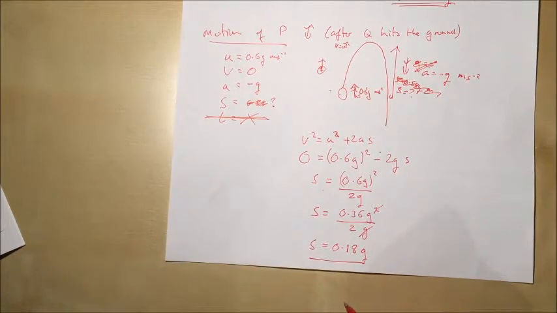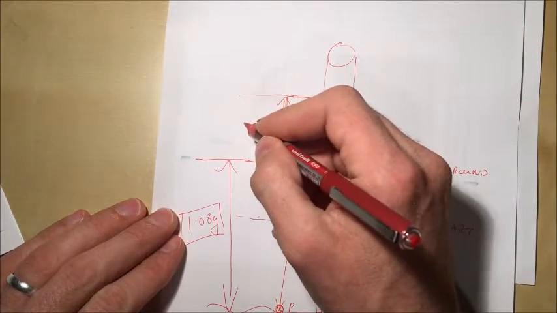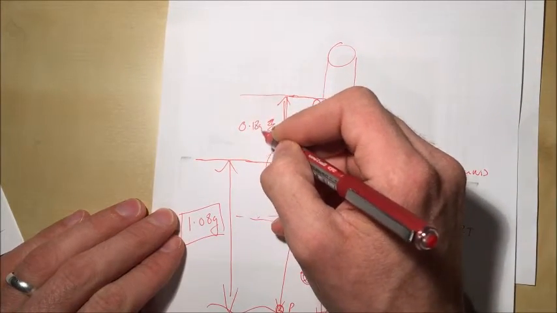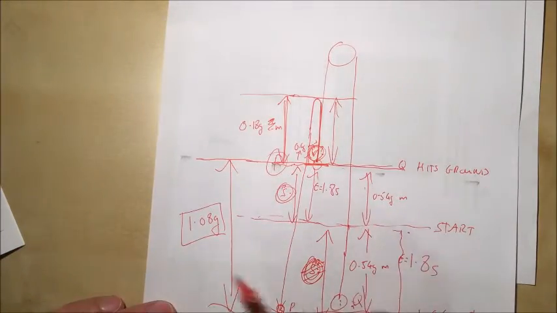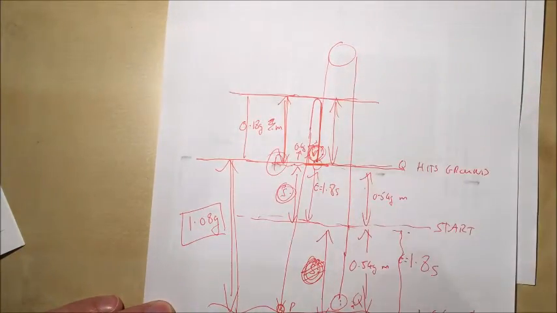So, what have we found? Going back to our initial thinking, we've just found that S equals 0.18 G meters. So what we've got overall is this height, and this height is the final height that P reaches.